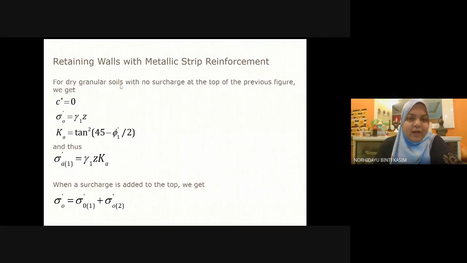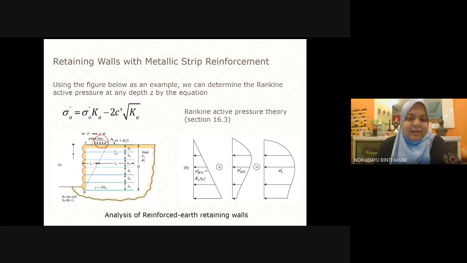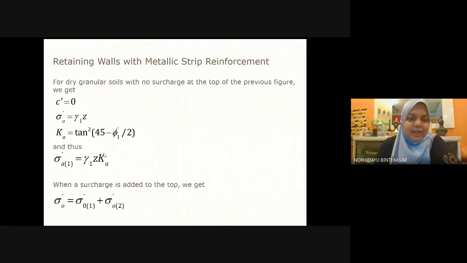For dry granular soil with no surcharge, given by this figure, C prime equals 0 because it is granular soil, so the C is 0.